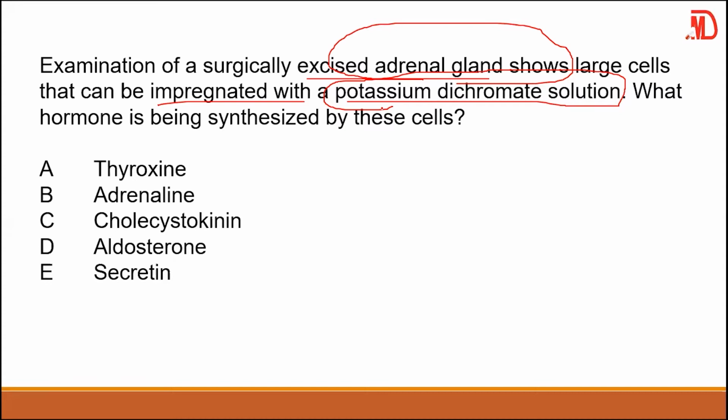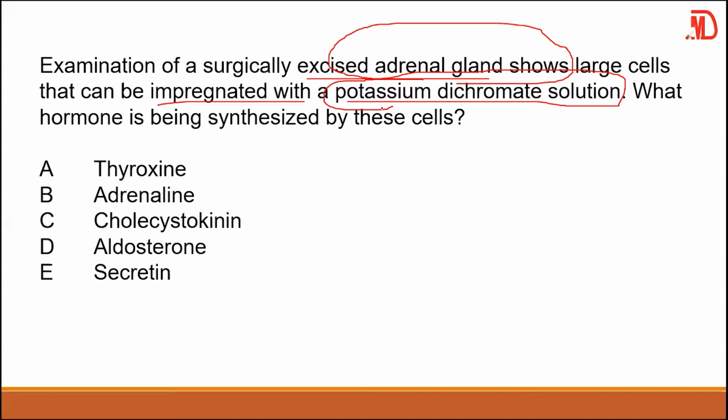These catecholamines would then be oxidized to a brown color. So when you put in the potassium dichromate solution or the chrome salt, it oxidizes the catecholamines to a brown color.